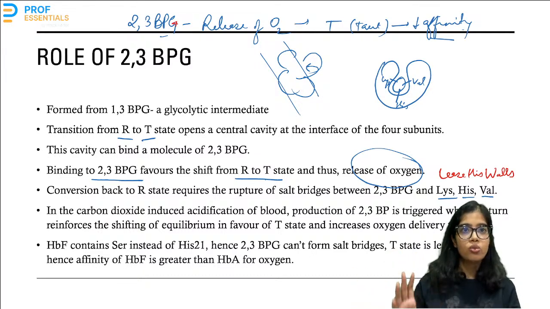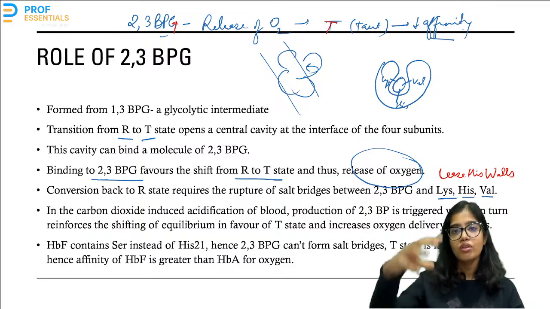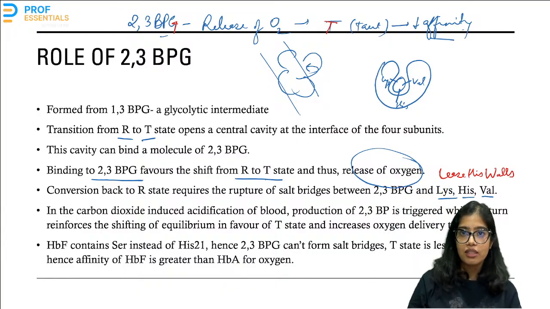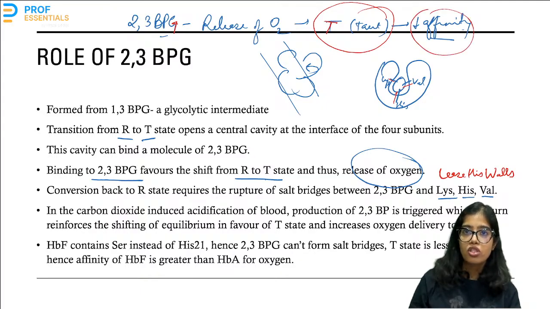It converts R state to T state by attaching itself in the middle through salt bridges to lysine, histidine, and valine. That T form gets stable by this, and there will be reduced affinity for oxygen, and all the oxygen that was loaded on the R form is then going to get released.